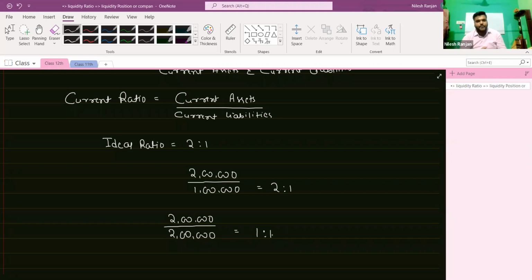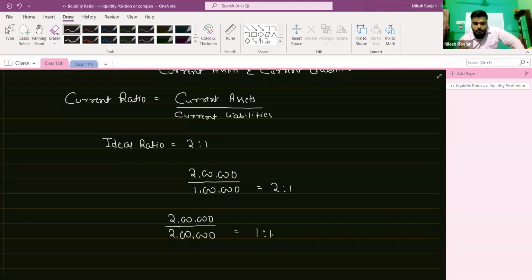So it will take some time for current assets to get converted into cash. And if current liabilities ask for money, meaning they are asking us to repay, then we have to pay them, and we cannot get money immediately. So it will be a default for us.